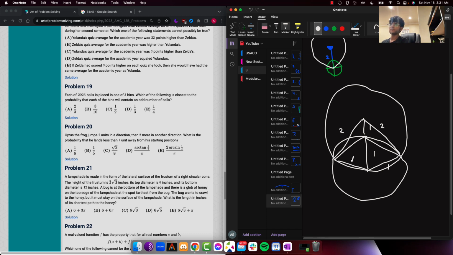It's definitely one of the arcsine answers though. Or either arcsine or arctan. Which one is it? Which function do you have to use? Because you have arcsine and you have arctan.